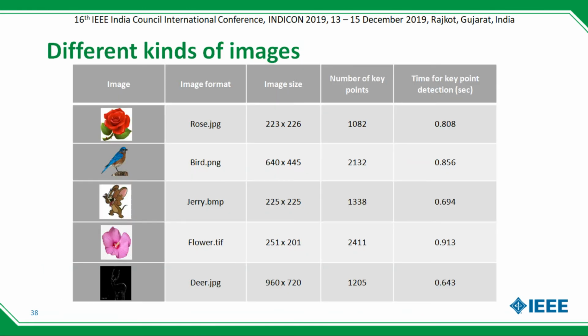As I said, the algorithm can be applied to any image format, such as JPEG, PNG, BMP, and any image size. The time for calculation is far less than a second, and the number of key points is also large, around 1000 to 2000.